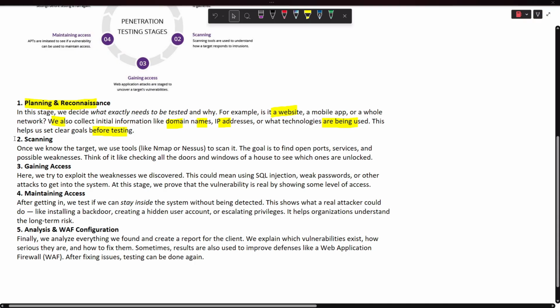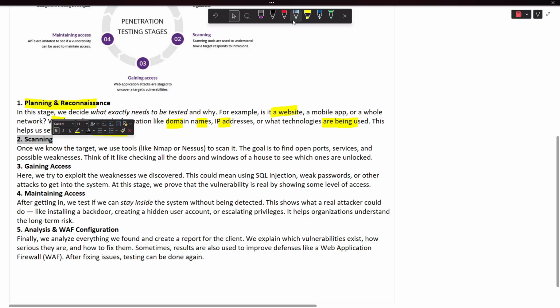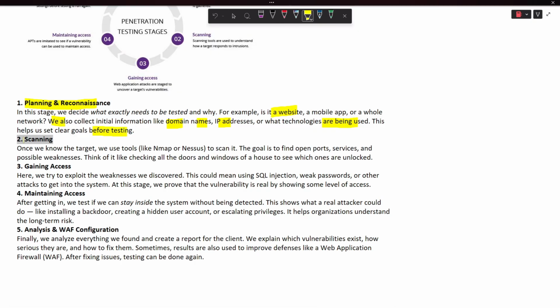After that, we have the second phase of ethical hacking or penetration testing, which is scanning. Once we know the target, let's say we have a website and an IP address, we use tools like Nmap, Burp Suite, and Nessus to scan it.